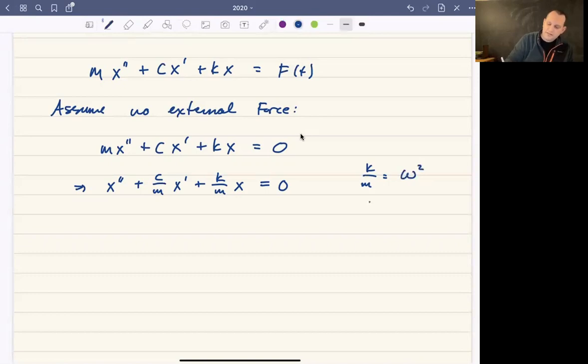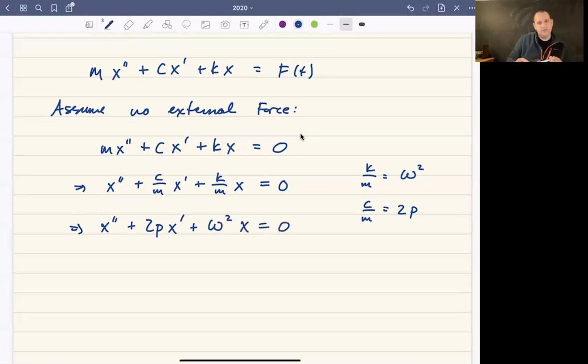And then c over m, we're going to let be 2 times p. And what this is going to do is let us look at the equation x double prime plus 2p x prime plus omega squared x equals 0. So that's going to be the equation that we're going to have to look at.